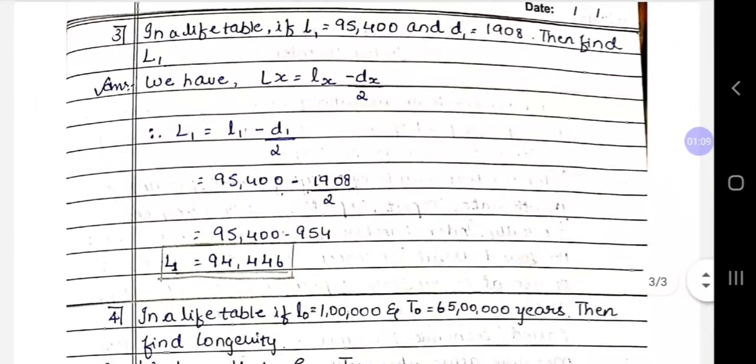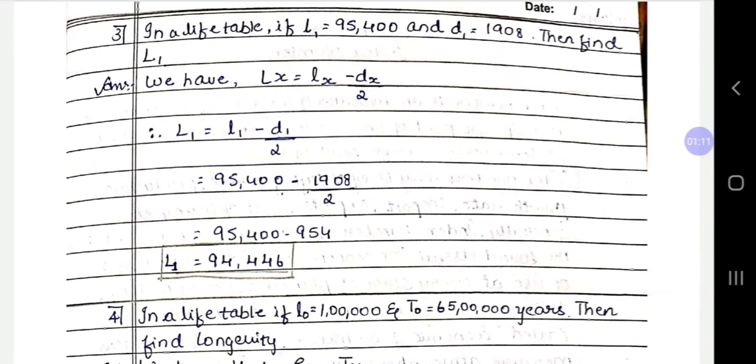Next, moving on to your third problem. In a life table, if L1 is 95,400 and D1 is 1908, then find L1. We know that Lx is equal to Lx minus dx divided by 2. That is L1 is equal to L1 minus d1 divided by 2.